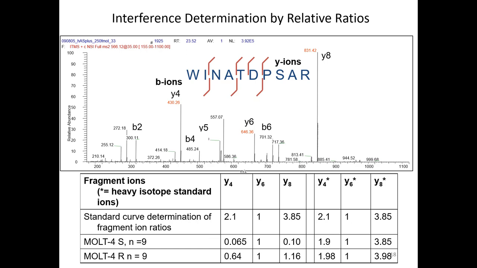So we can take this information and track it. What I did is I normalized everything to the smallest ion so I could have positive numbers. If I take the peak area from the Y6 and divide it into the Y4 and the Y8, then I get this number, 3.85. My standard shows that same ratio, the heavy peptide.